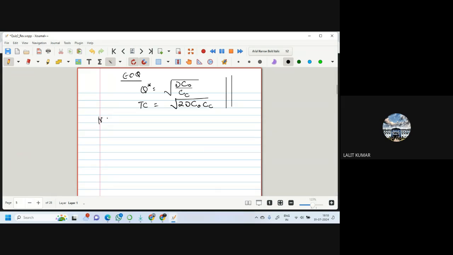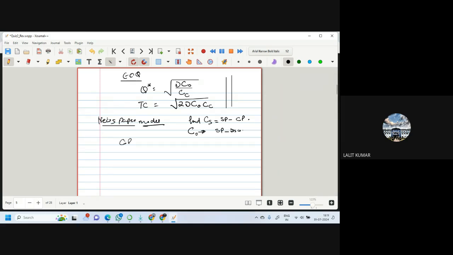For the newspaper model, find CS. CS is equal to selling price minus the cost price at which you have purchased. Find CO. If you are not able to sell this, then CO is the cost price minus the discounted price.